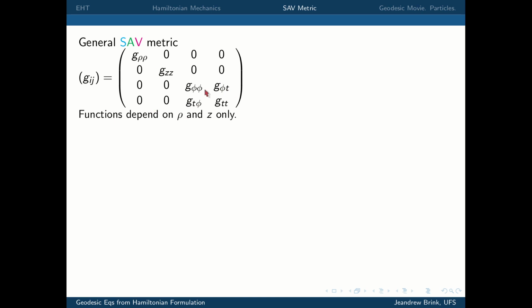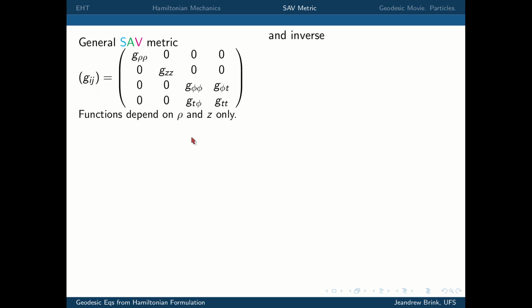And these functions are now functions of rho and z only. Okay, so it's quite a dramatic simplification from the full general case for which that Hamiltonian holds, but it will make it possible for us to explore these things from a dynamical systems perspective and try a few things out using known facts about Hamiltonians and such.